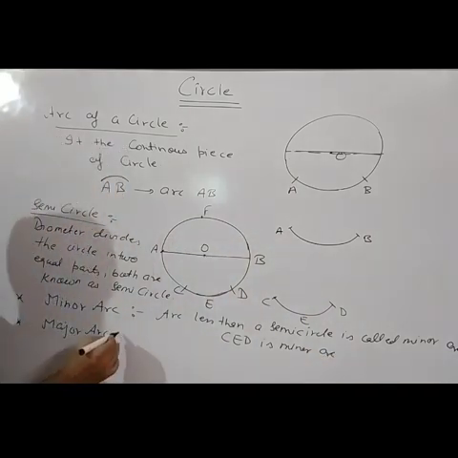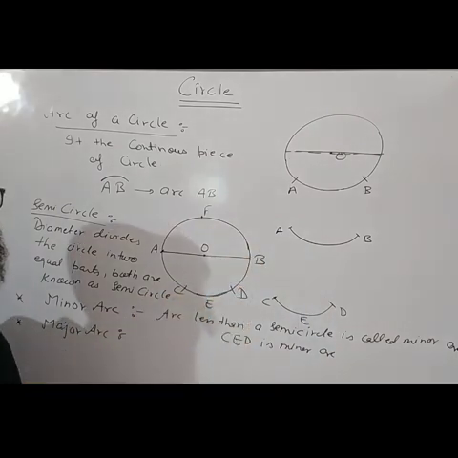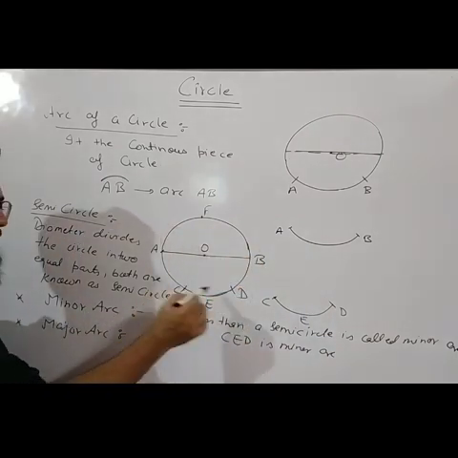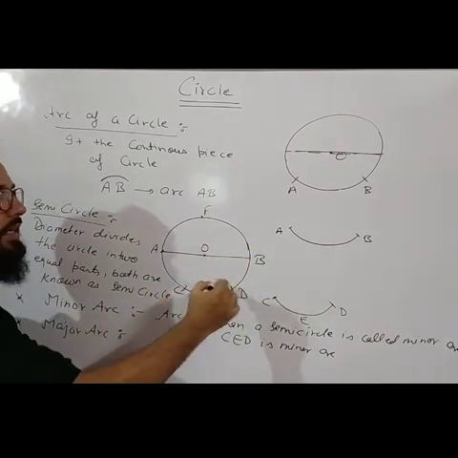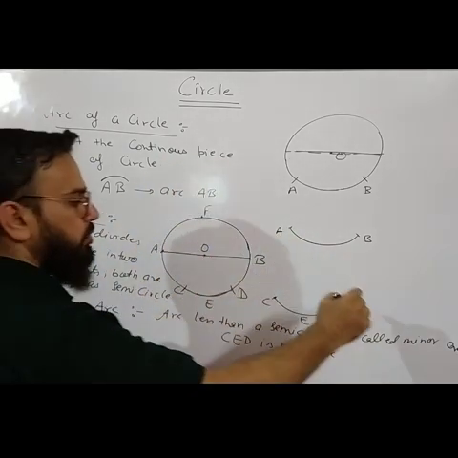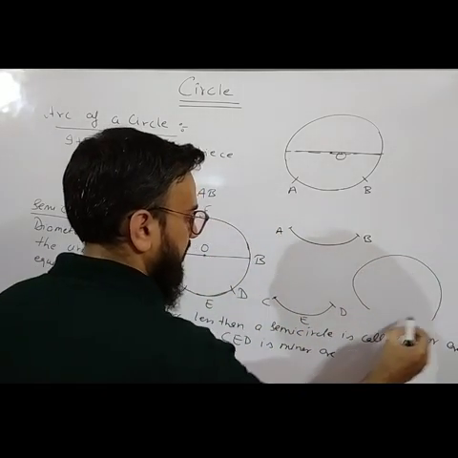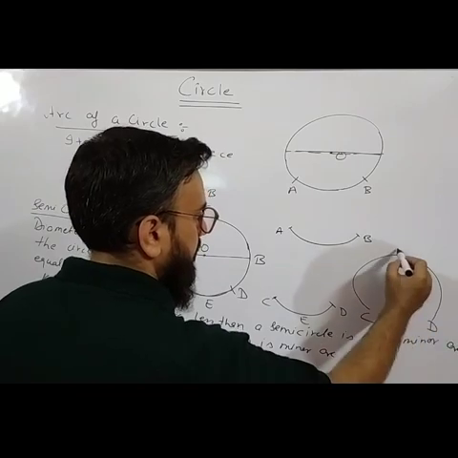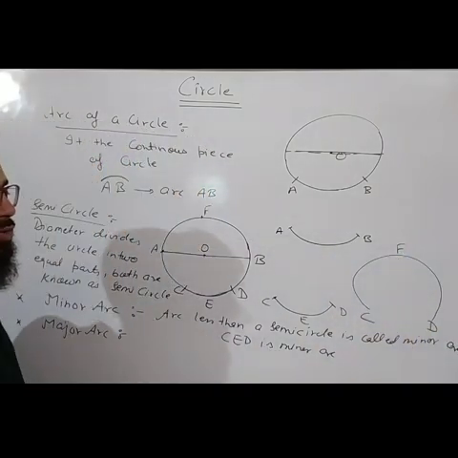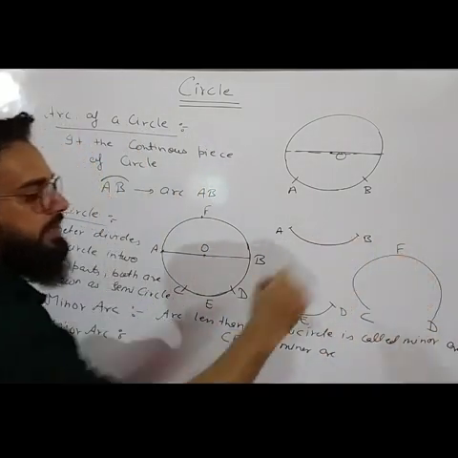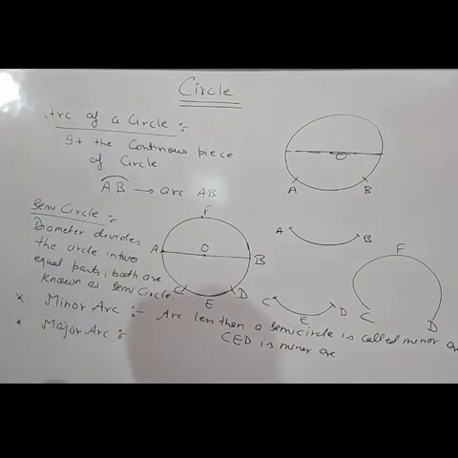And if we talk about major arc, what will be the major arc? The arc which is greater than the semicircle. If we consider the same arc CD, but not from this side CED, if we take this arc from the opposite side, it will be like this. This is our point C, D, and one point we have taken F. So CFD is greater than the semicircle, so it will be a major arc.